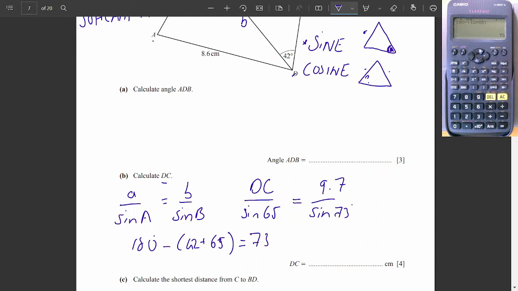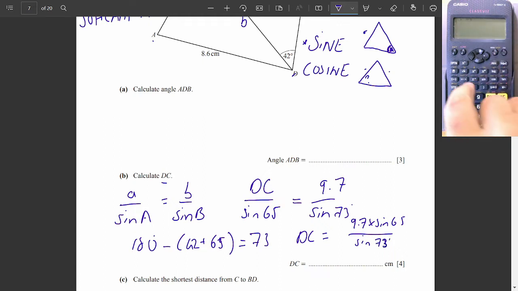Now, it's very helpful that we've got the side we want at the top. So to work that out, we just multiply the sin 65 on the other side. So my final calculation will be 9.7 times sin 65 divided by sin 73. Let's hammer that into the calculator.